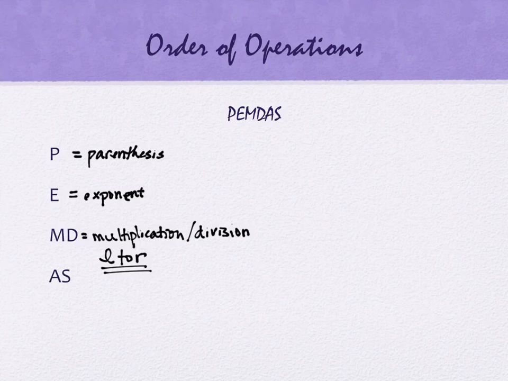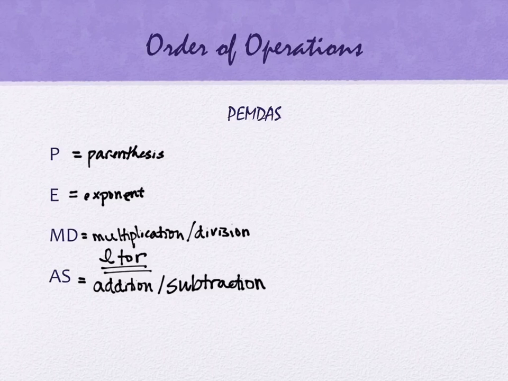All right? And the same thing's true for my A and my S. What do A and S stand for? Yep, addition and subtraction. And again, there is no order between these two. I really don't have to add before I subtract. Okay?